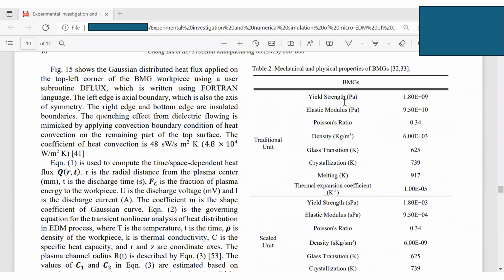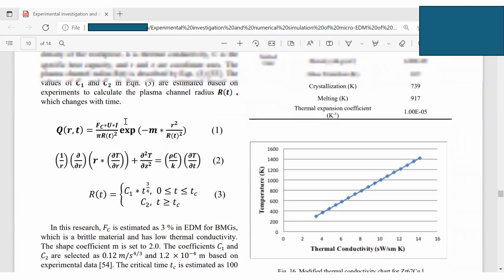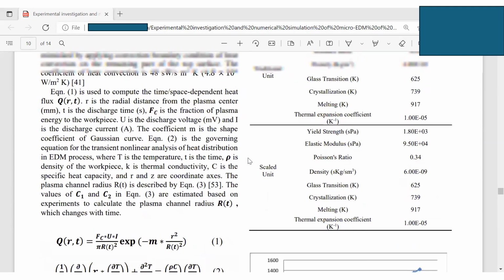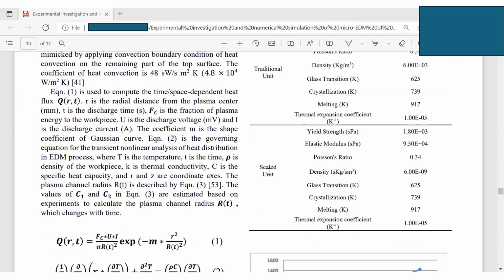So here are the mechanical properties and physical properties of BMG. So these equations, we saw these equations when we talked about numerical modeling of EDM of titanium 6-4. We know these equations, and here are the mechanical and physical properties of BMG. We have two different sets of units.